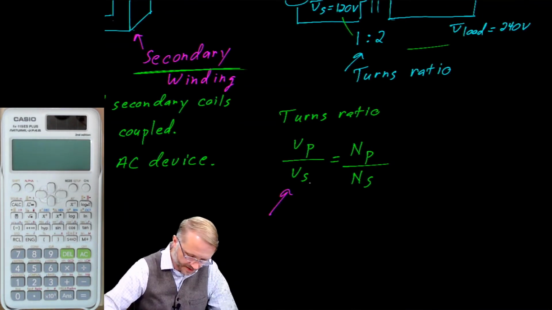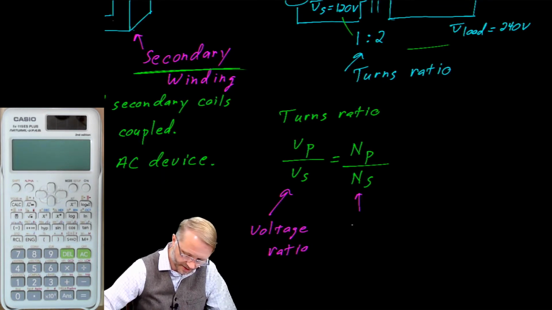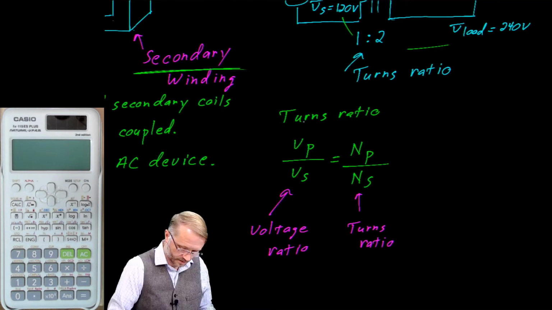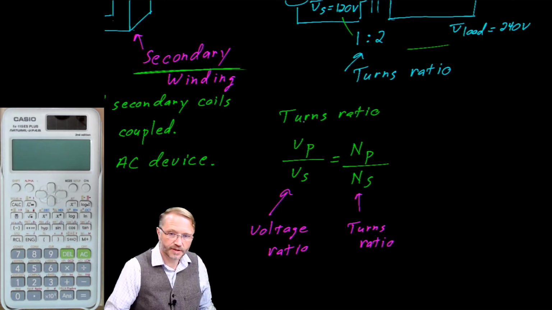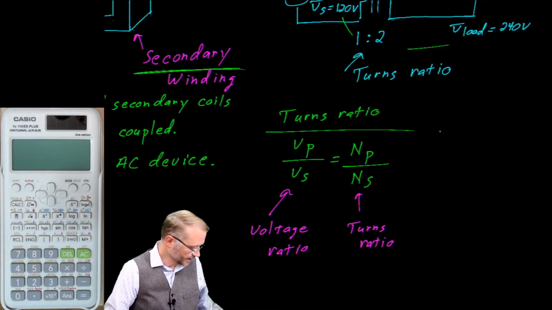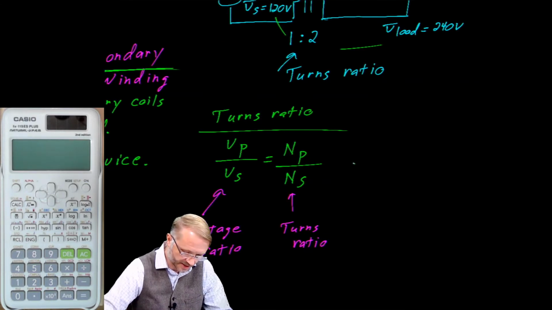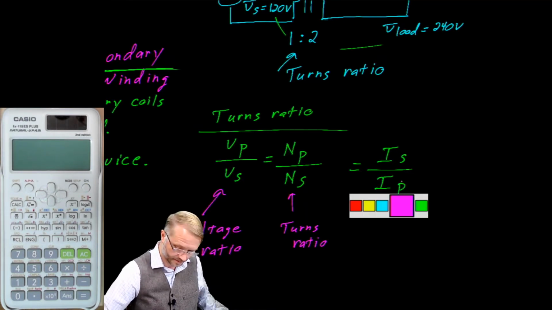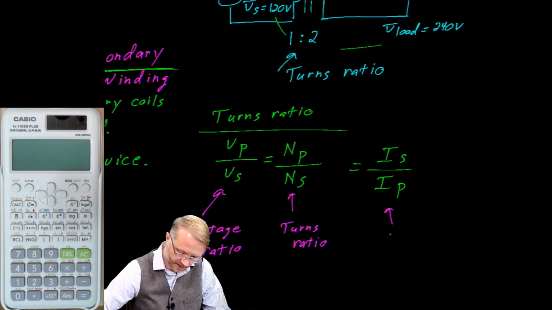Again, this here is the voltage ratio, and this is the turns ratio. So we have voltage, turns, and now we have the current ratio. And this one is completely upside down, where we have secondary on top and primary on the bottom. This is the current ratio.